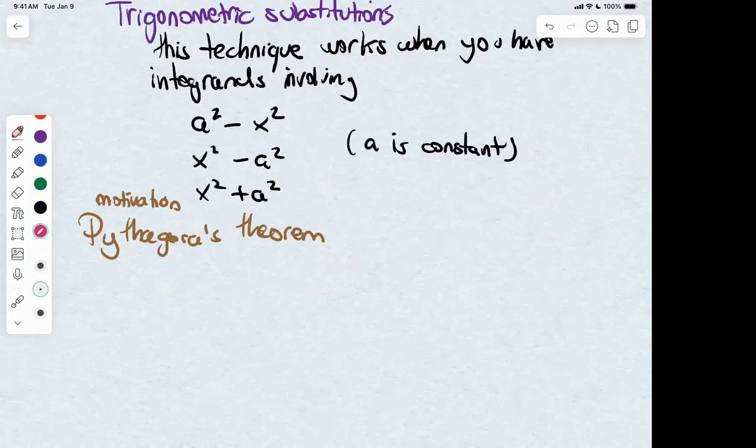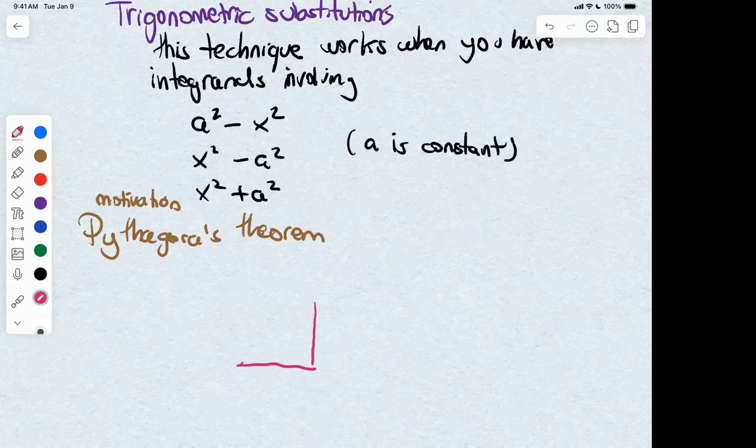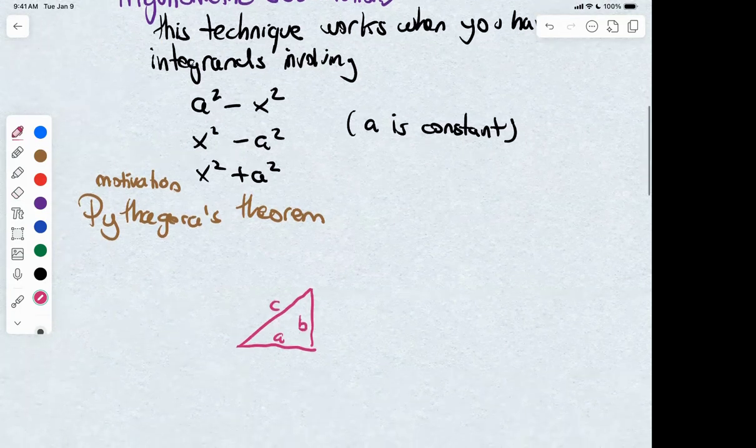So Pythagoras says that if you have a right triangle with sides A, B, and C, I'll leave C to always be the length of the hypotenuse.